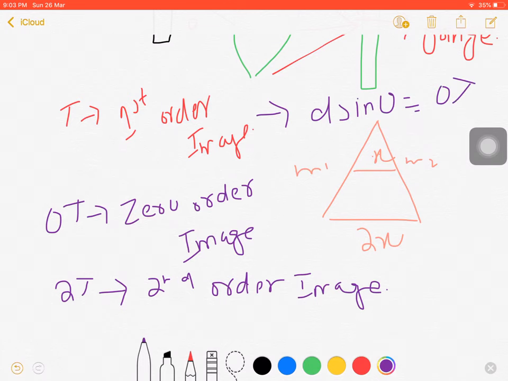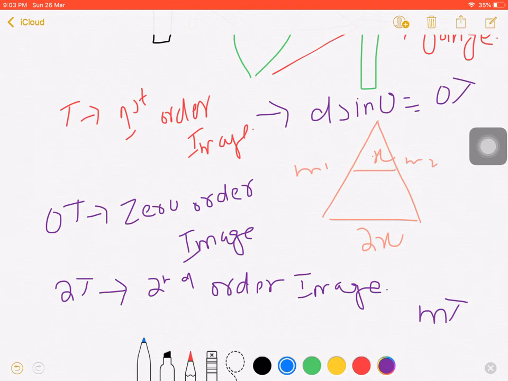We know that for constructive interference, D sine theta is equal to an integral multiple of lambda. This m lambda, what does that mean? We have the condition m lambda. It means that the path difference is an integral multiple of lambda. That is for this condition.